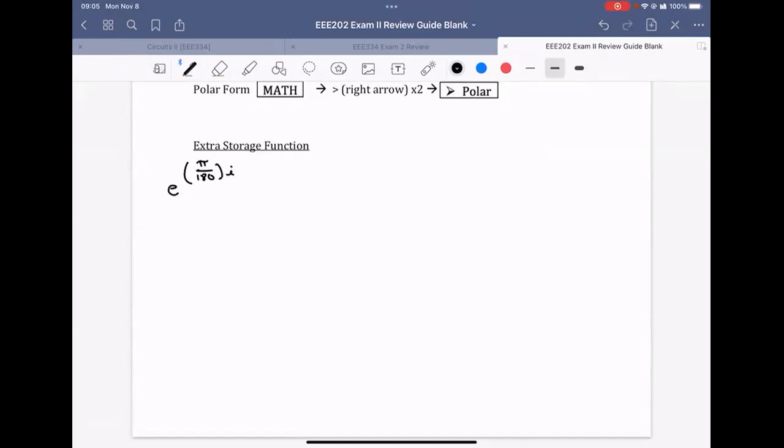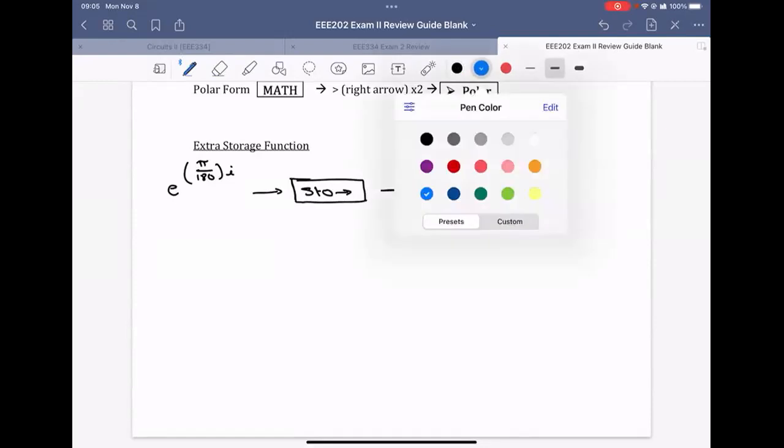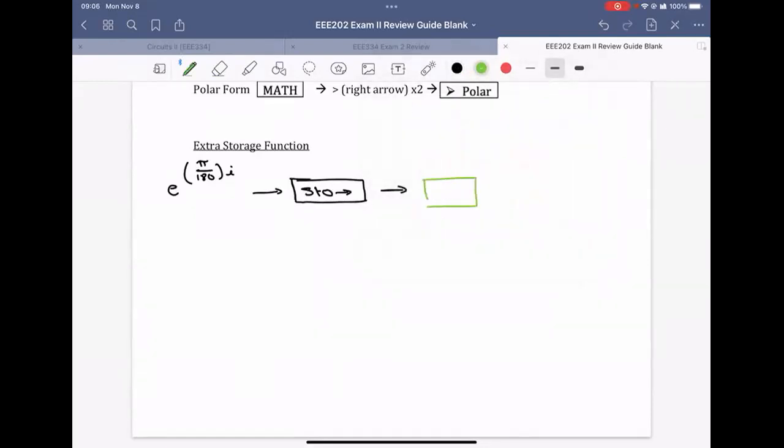Then on the bottom left you'll have the STO function. I would store that, and then you'll do alpha and then math. So you'll store it in variable A, basically.